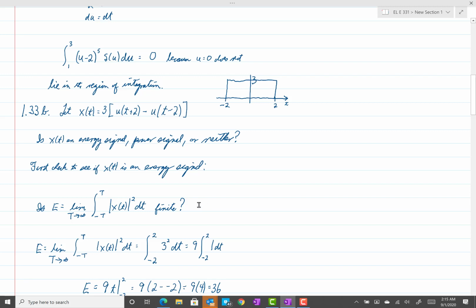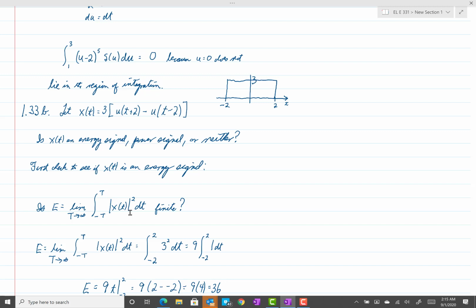And so we look at the energy, and the expression, as you see in your book, for the energy is E equals the limit as T goes to infinity of the integral from negative T to T of the magnitude of x of t squared dt. Now, it's important that you realize what this magnitude means. That is the complex magnitude.